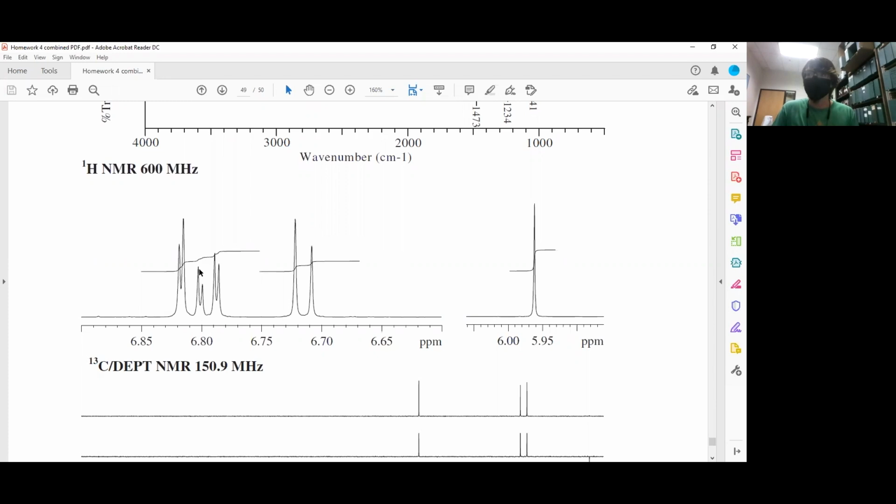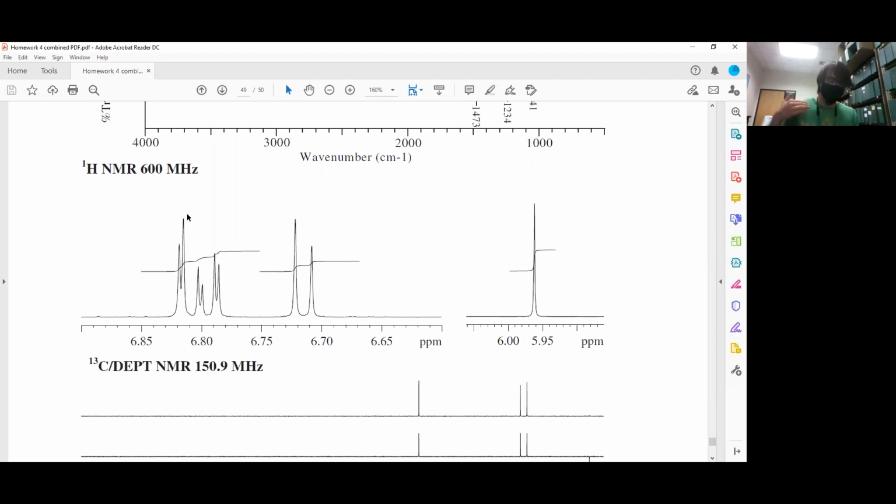And you deduce that there's a small J value, which is the same as the distance between these and these. If you know that you're only dealing with 2 coupling constants on an aromatic ring, and one is big and one is small, you can assume that it's ortho and meta.